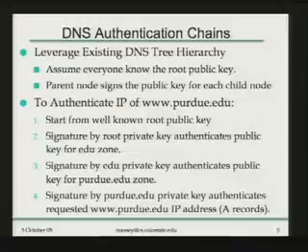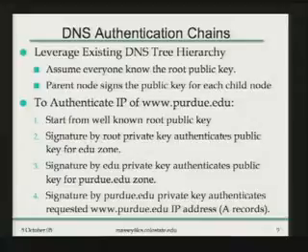So if I want to authenticate www.purdue.edu, I'm going to start from my well-known root key, and I'm going to ask for, what's the public key for edu? What I'm going to get back is the edu key plus a signature from root. So now I can authenticate edu. With the authenticated edu key, I can go off and ask for the Purdue edu key.